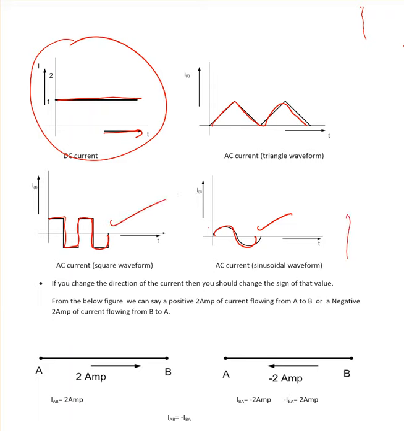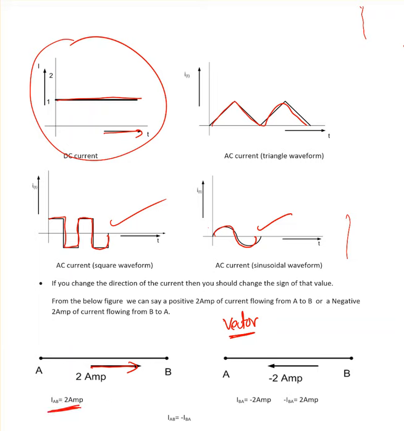Okay, now another important point, the current is a vector quantity. Vector means it has both magnitude and direction. So whenever a current is passing through the wire, we have to indicate which direction that current is flowing. Here a 2 ampere current is flowing from A to B, I_AB equal to 2 ampere.